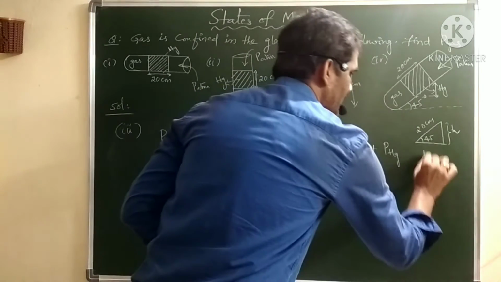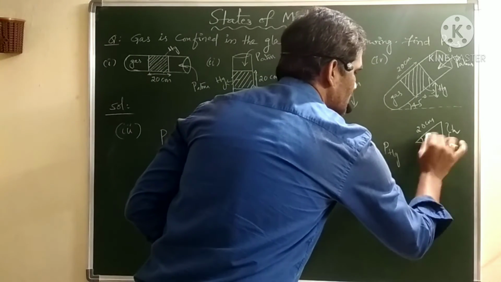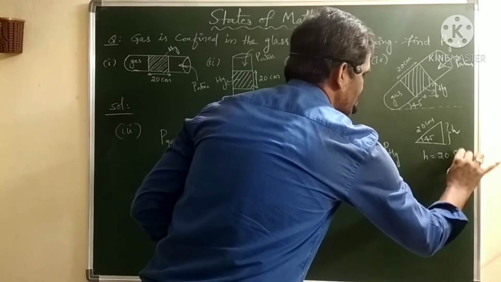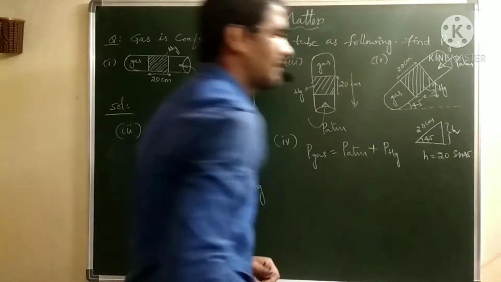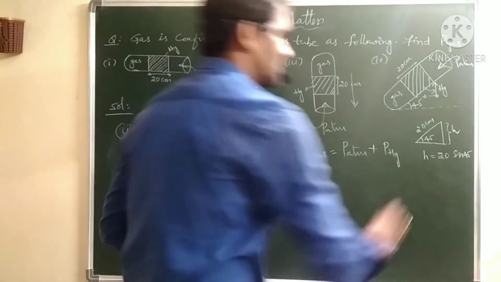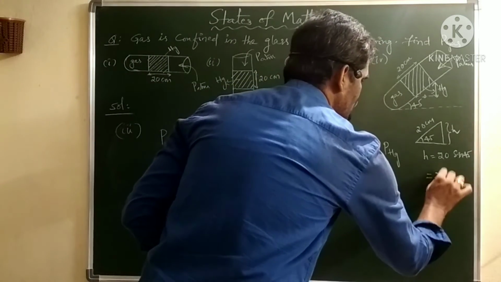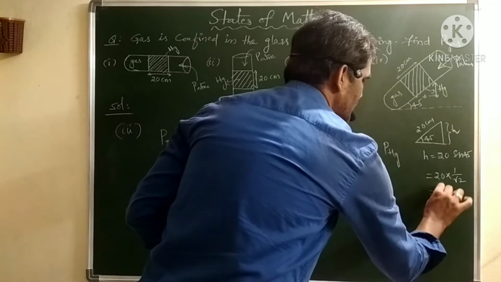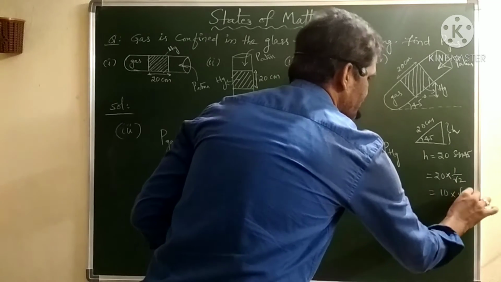Then h is equal to 20 times sine 45. 20 into sine 45, which is 1 by root 2, gives 10 root 2.